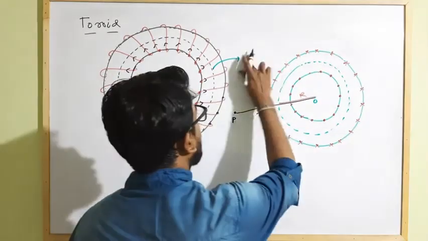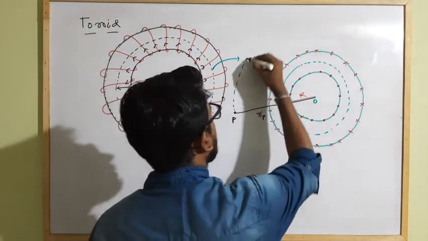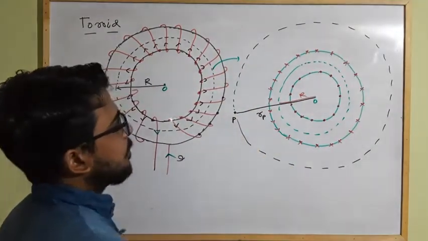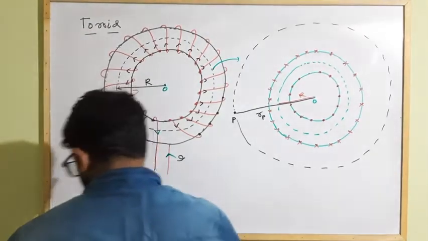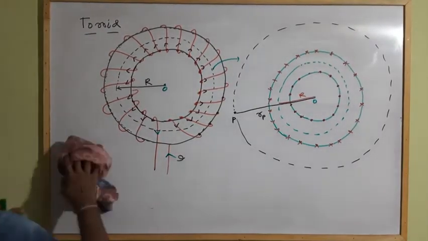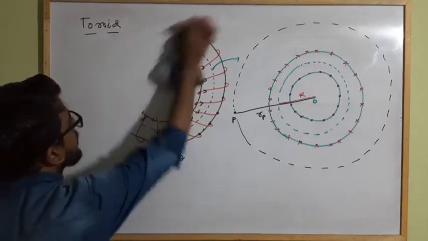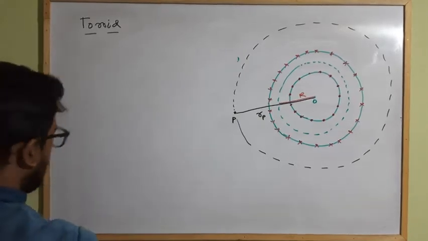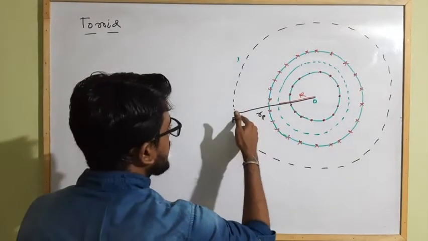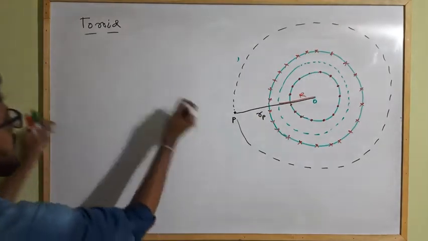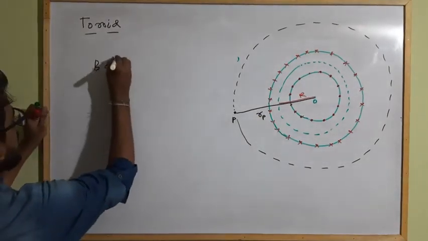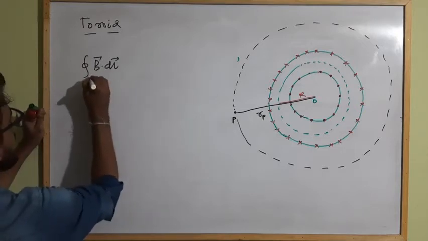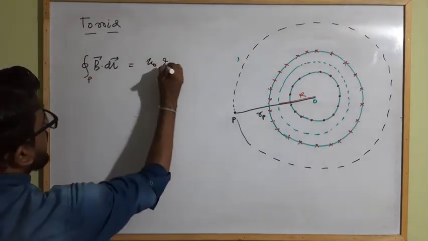Now by Ampere's circuital law, we have to assume an Amperean loop around the point P. Here is the distance, and closed integral of B dot dl vector about P is equal to mu naught I enclosed.